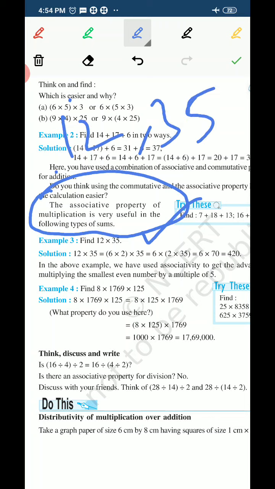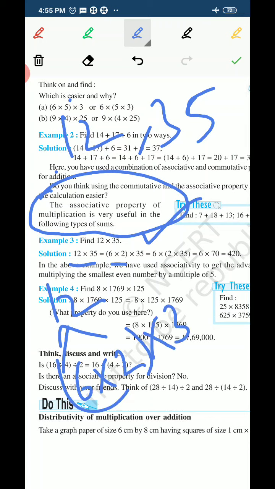With the help of associative property, we factorize 12 into 6 and 2. We know that 6 multiplied by 2 is equal to 12. So we write 12 as 6 into 2, and there is an association of 6 into 2. The 12 is factorized into 6 into 2 and multiplied with 35, and this is the associative property of multiplication.